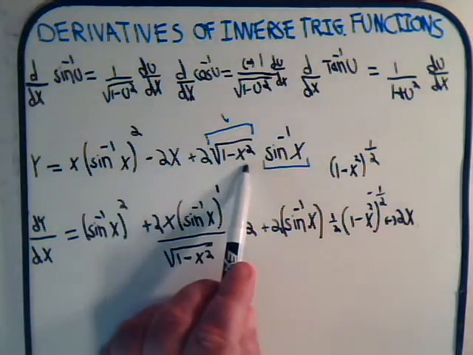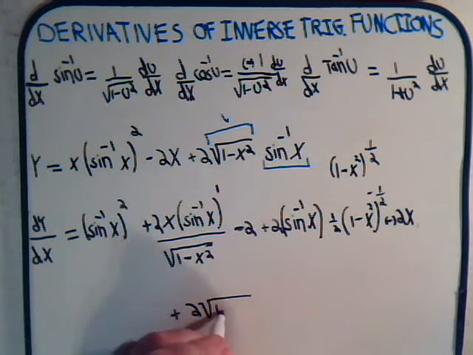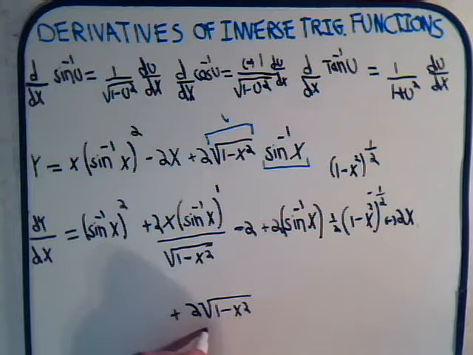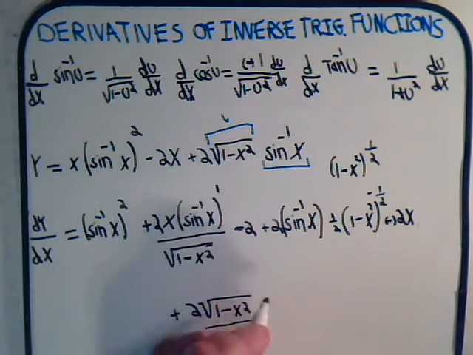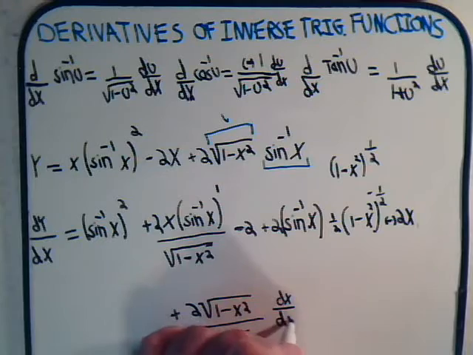Now we have this part times this derivative. So we have plus 2 times the square root of 1 minus x squared. And the derivative of this is going to be 1 over the square root of 1 minus x squared times this derivative, which again, that's just going to be times dx/dx.